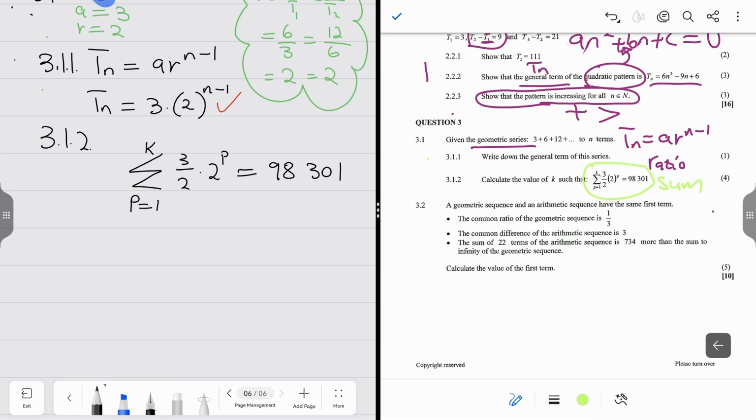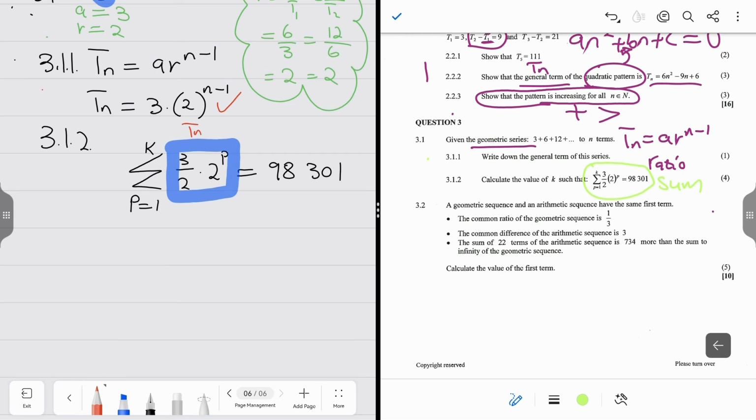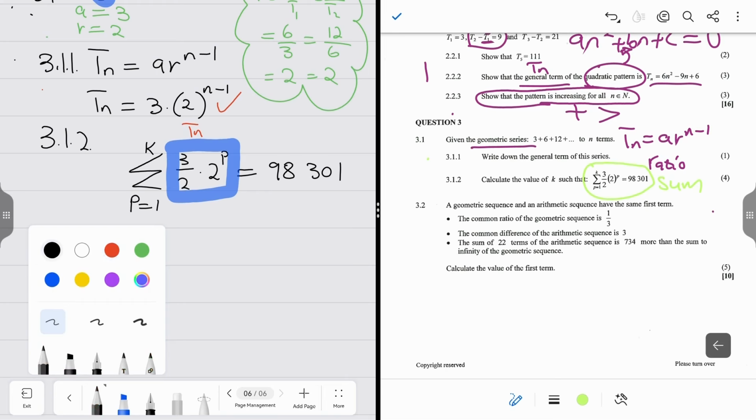That is what they gave us. This simply means that this particular thing here is actually our Tn. I usually tell my students that this is where your Tn is. Nobody can tell you, but you need to know that that is your Tn, so you can be able to talk to it in that context.